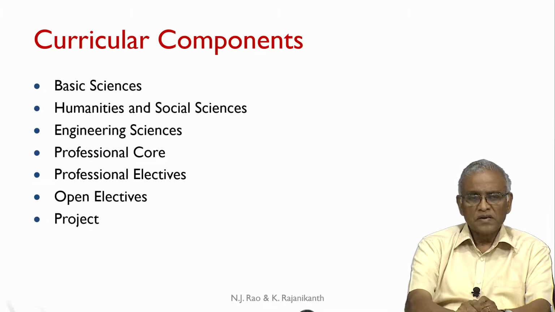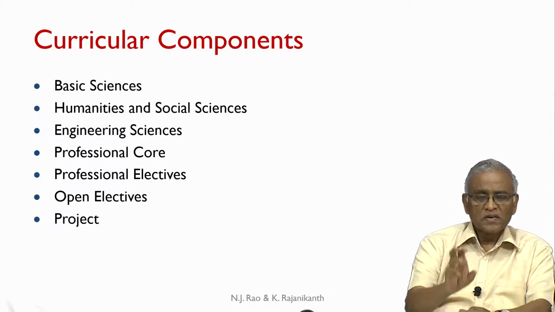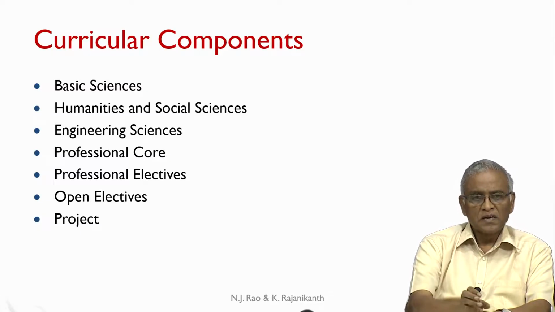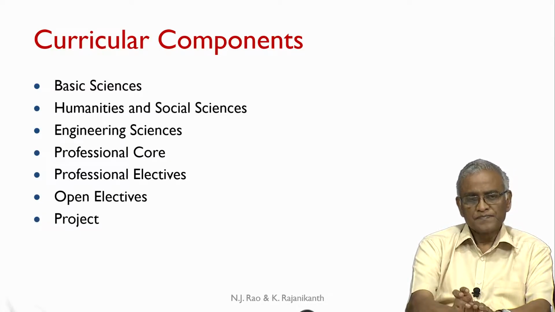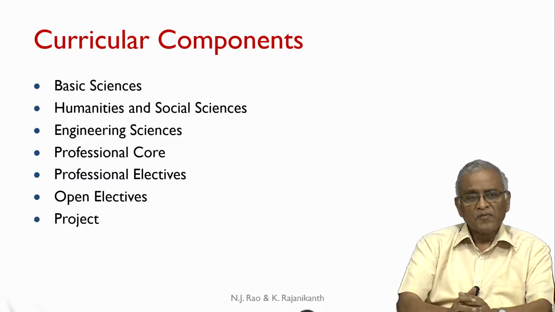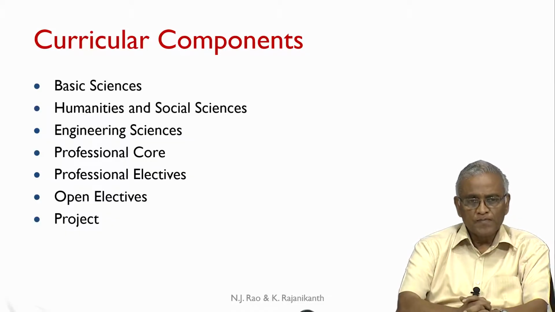So whenever somebody designs a curriculum, the first thing one does is distribute the credits of the entire program under these curricular components. How many credits of the total program are allocated to basic sciences? And of course, there will be some courses in the curriculum that one may find difficult to put under one of these categories.